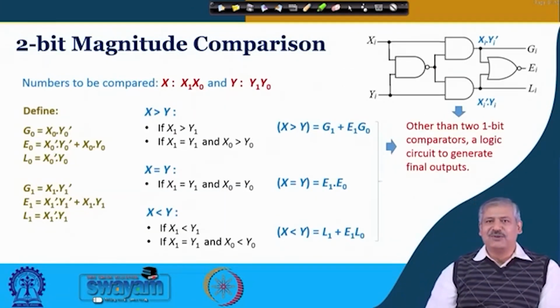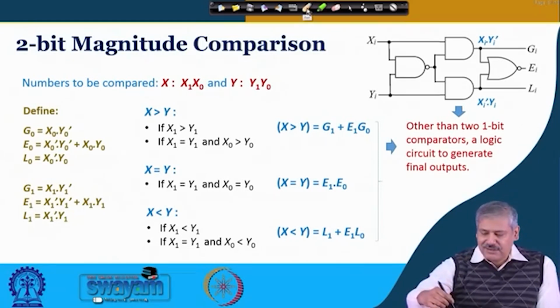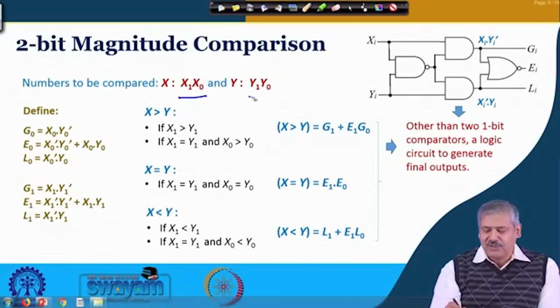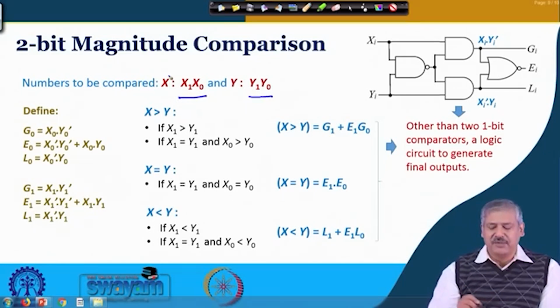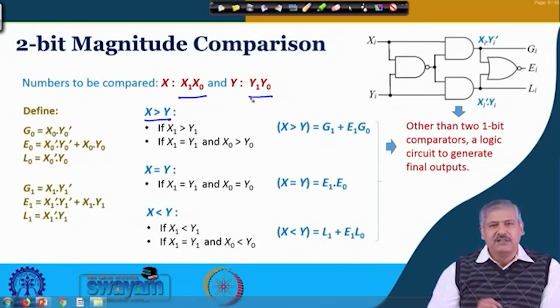Now, let us look at how to do 2 bit comparison, right. So, for 2 bit comparison, the number we are having is x1 x0 and y1 y0. So, x1 is the more significant bit and x0 is the less significant bit, accordingly it is for y. Now, we know that x as a whole will be greater than y if x1 is greater than y1, isn't it, the more significant bit. So, if x1 is more than y1, what is the option then? That means x1 is 1 and y1 is 0.